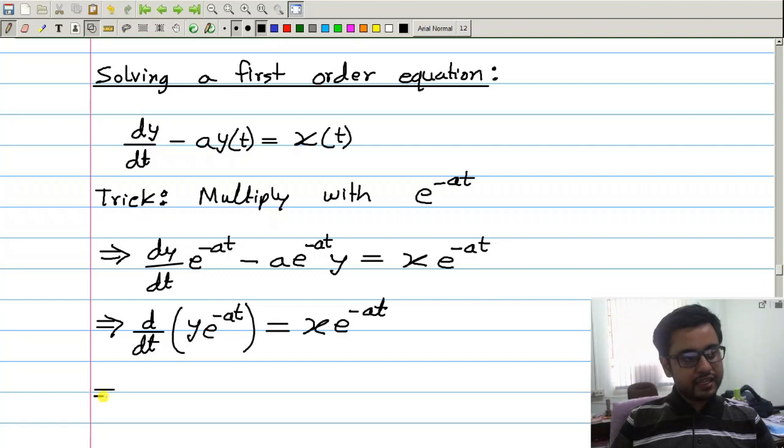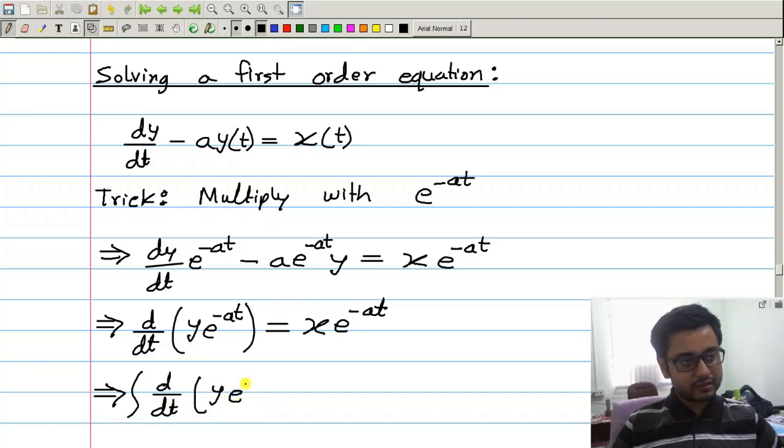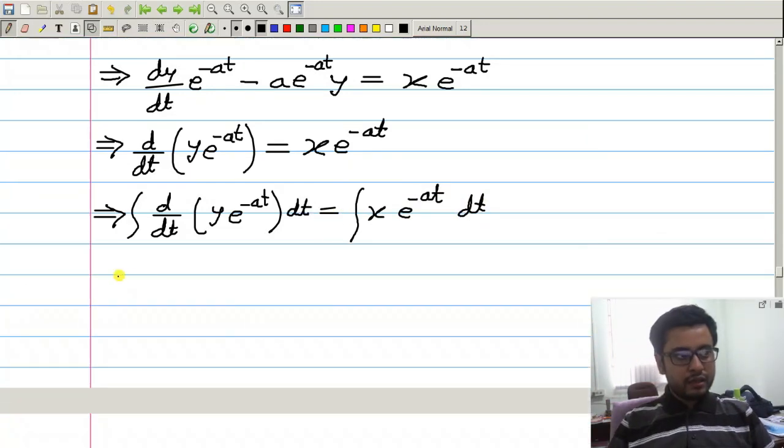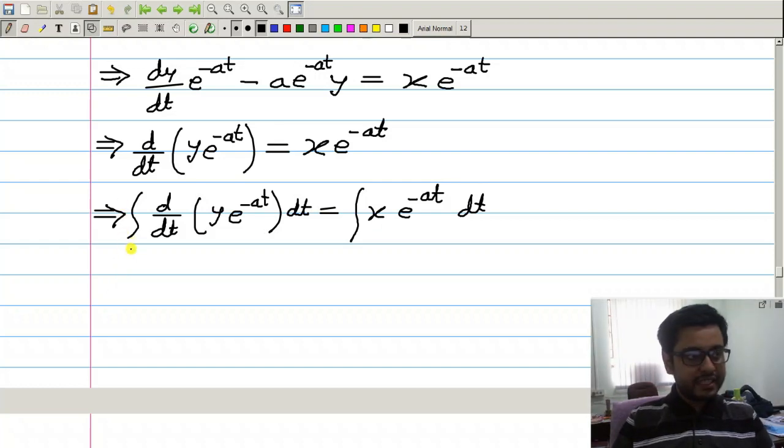Now we shall integrate both the sides with respect to time. Let me do the integration from time 0 to time t.